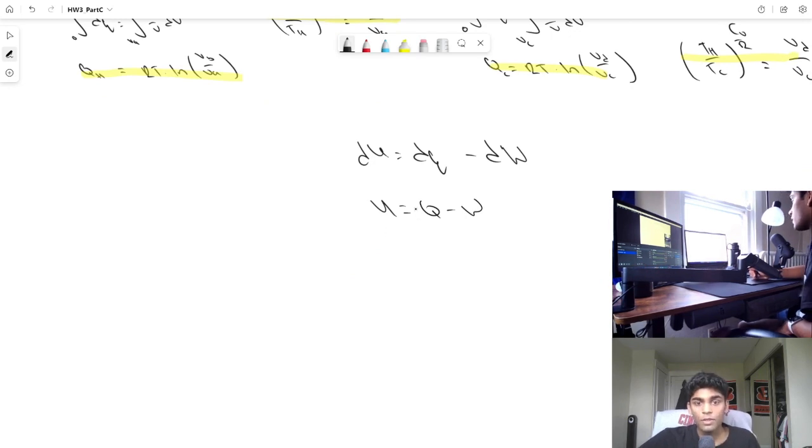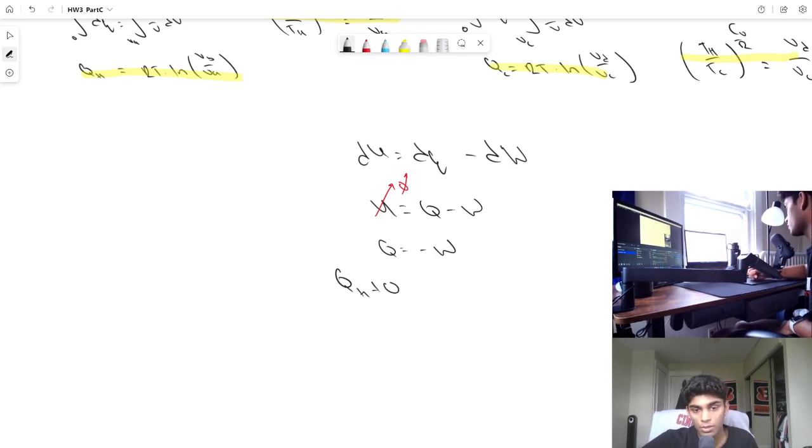So we can go ahead. We're going to set this side equal to 0. And what we end up with is Q is equal to the negative work. And so the sum of heat that we're going to have is going to be this QH and this QC.